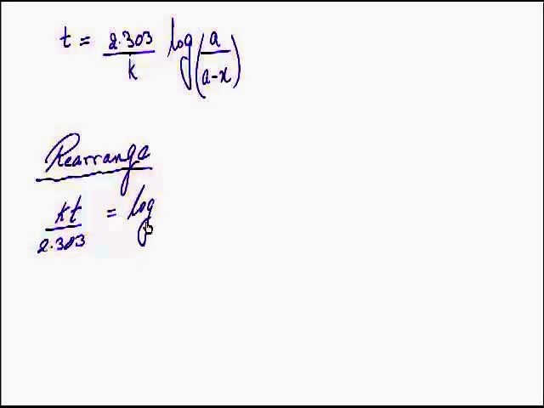So I'll rewrite the expression. t is equal to 2.303 by k log of a upon a minus x. Rearrange this expression, we'll get kt upon 2.303 is equal to log a minus log a minus x.